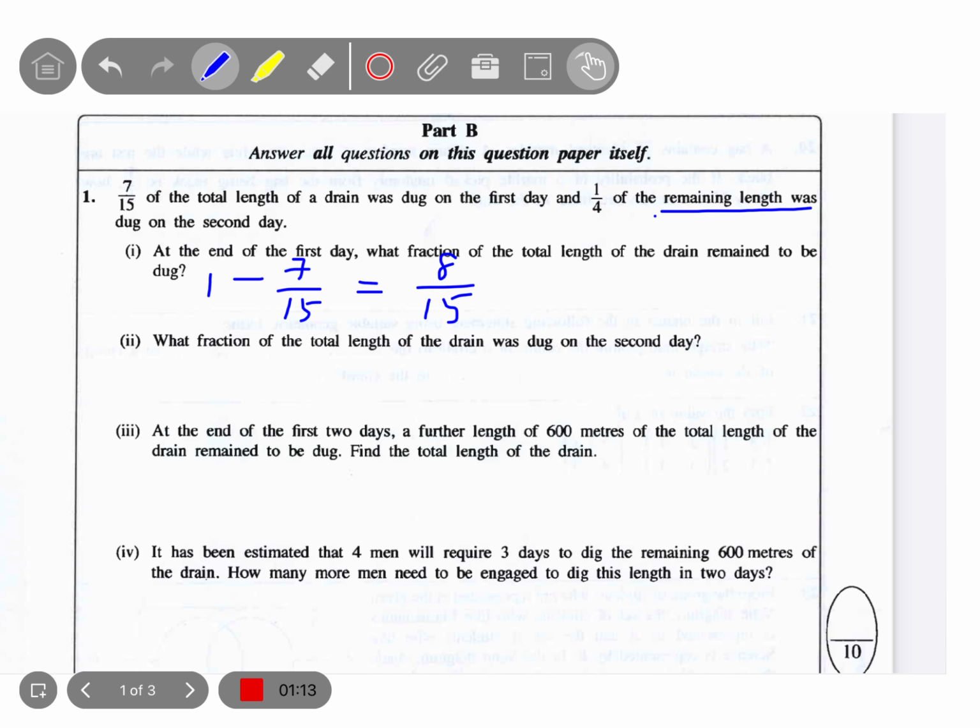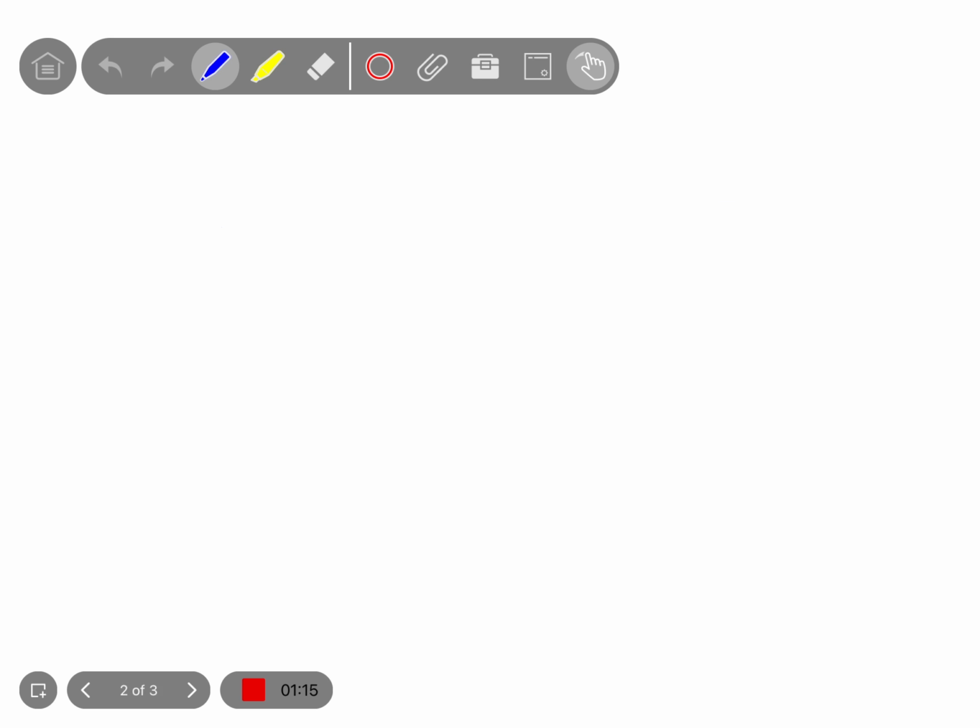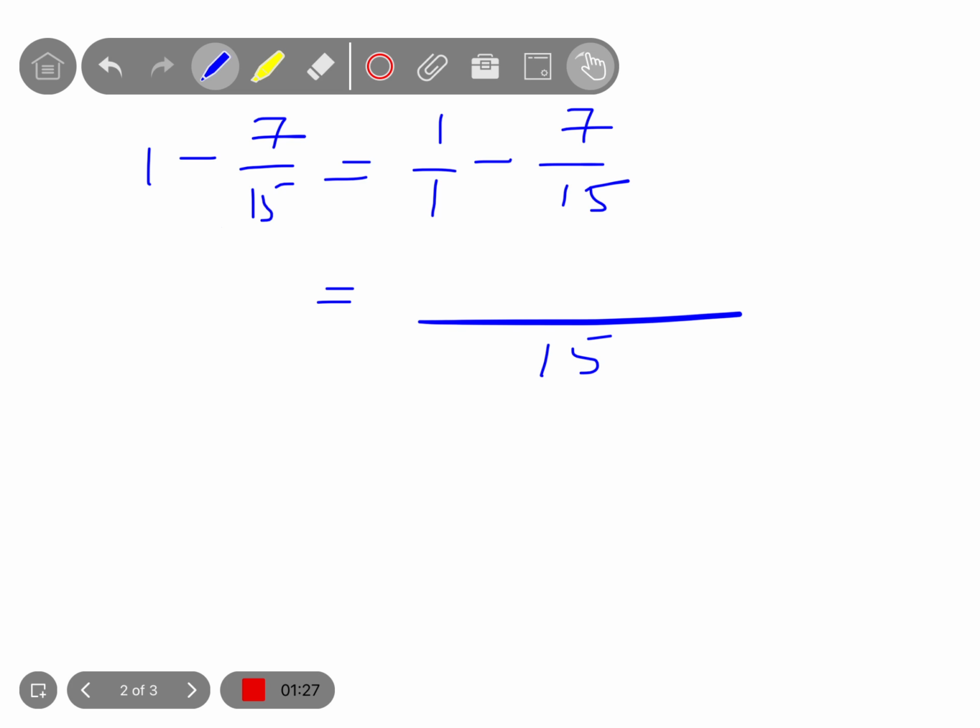But if I just show the right way of doing it, 1 minus 7/15, you can simplify this way. You can write the same thing as 1/1 minus 7/15. Then use the least common multiple of both 1 and 15, which is 15.